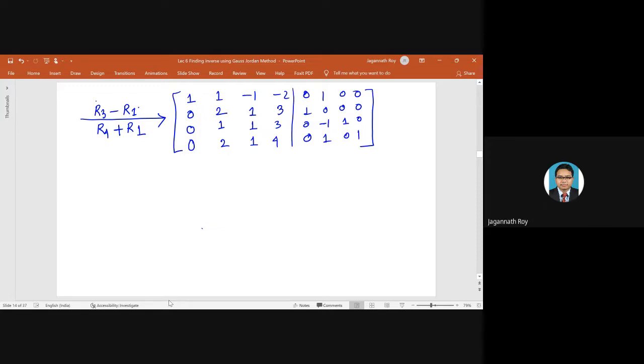Now, what do we want? We want 1 here, and we want 0 also here, 0 also here, because this left hand side matrix should be the identity matrix. So we'll do it one by one. So now the pivot element is this one.